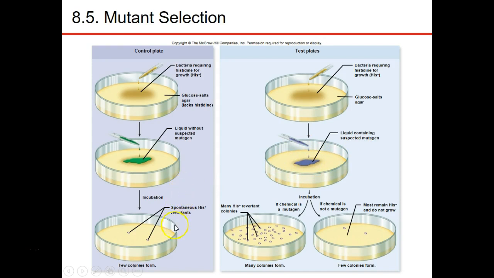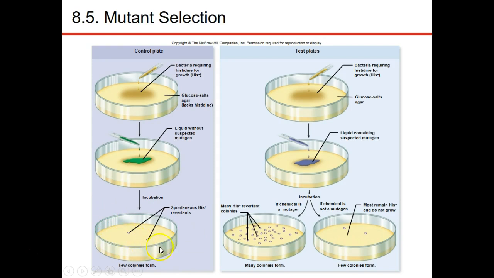Then we're going to look at how many colonies form. Because this is a medium lacking histidine, and these are histidine-dependent bacteria, no colonies should form. But anytime you have cell growth, there's always the potential for some mutation.